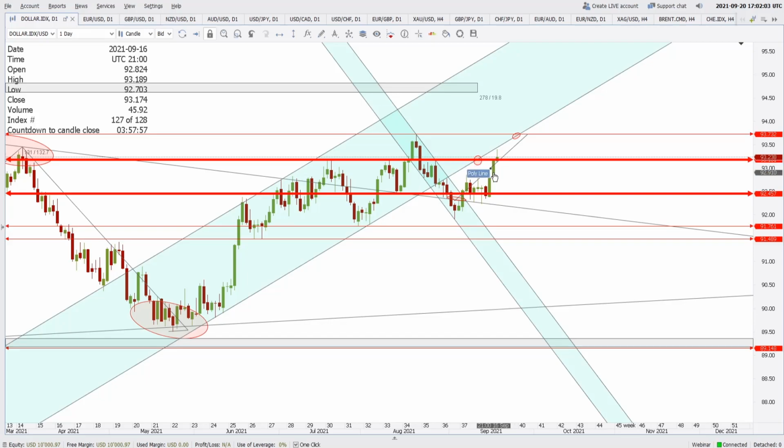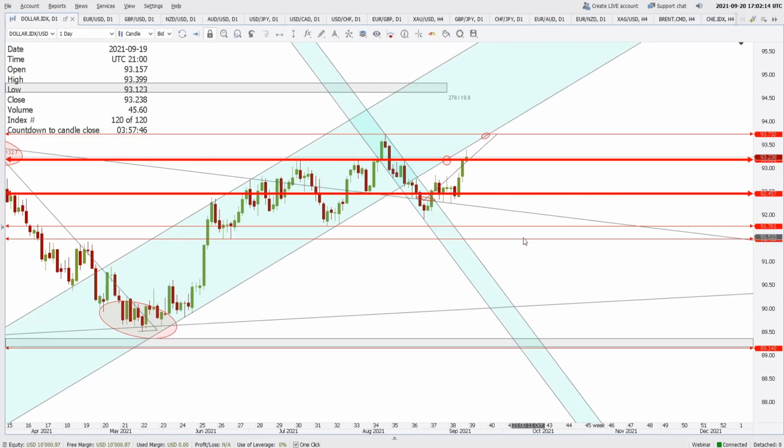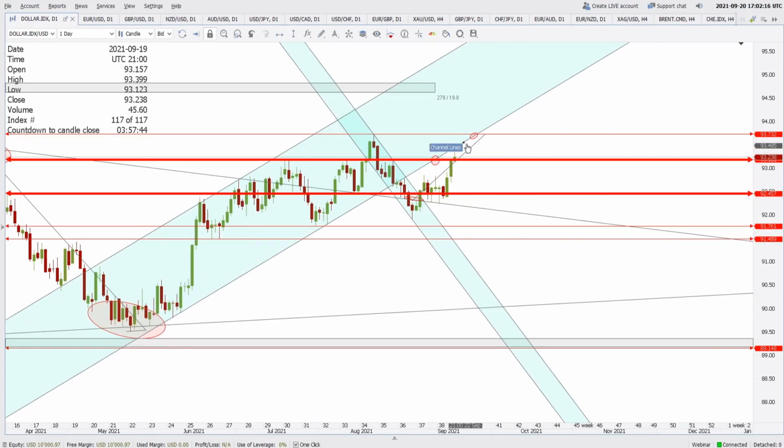So all in all, the US dollar is looking bullish here, but there can be a break near the 93.73 area. So you have to consider this before you look for any buying in the US dollar. More buying in the US dollar is not recommended at the current levels, because the resistance is very close.